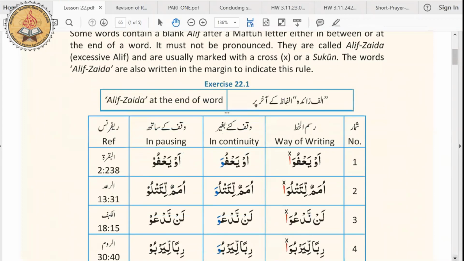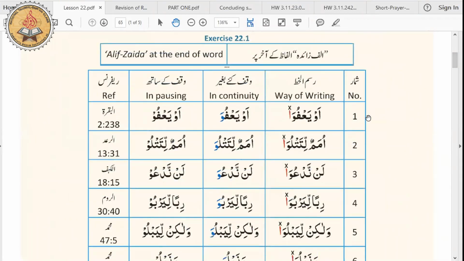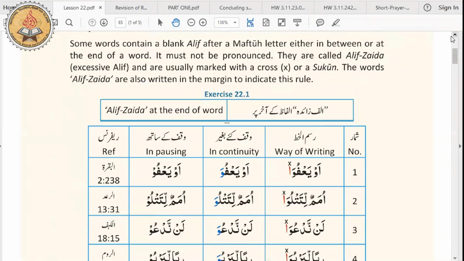So A1127, do you know how to read words and letters when they contain alif zaida or excessive alif? I'll give mic once again. So quickly do the recap of alif zaida.